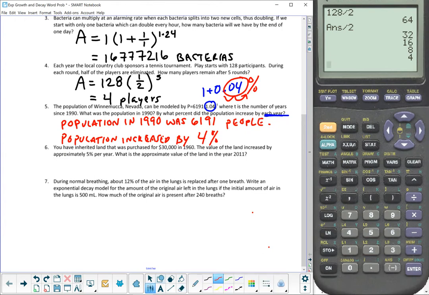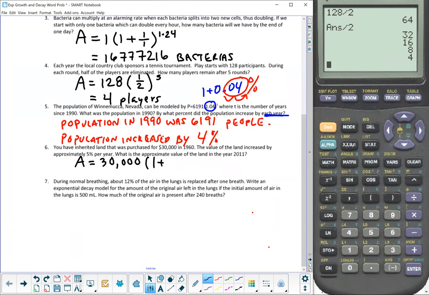All right, we're going to start with our formula. A equals our initial amount, which is 30,000. Then we have 1 plus the rate, since it increases by 5% per year.